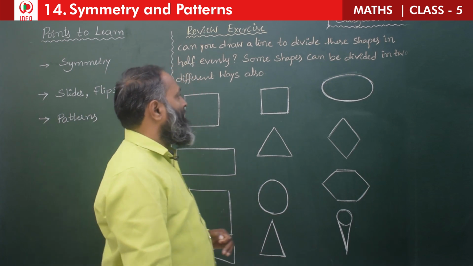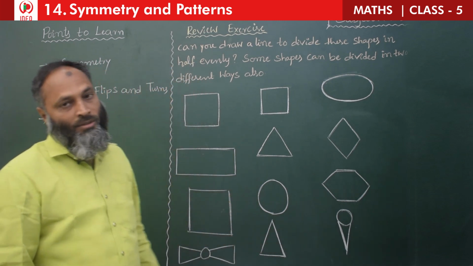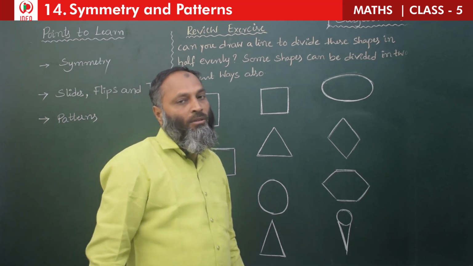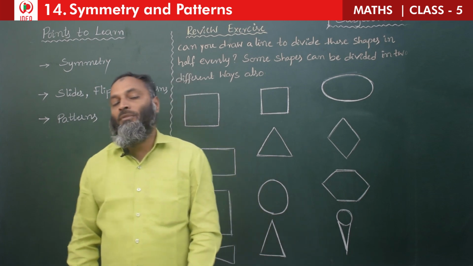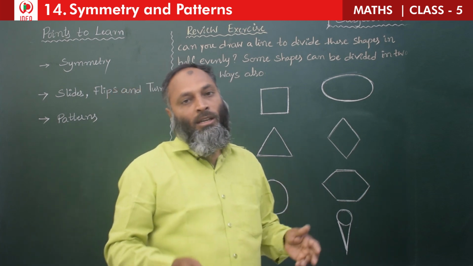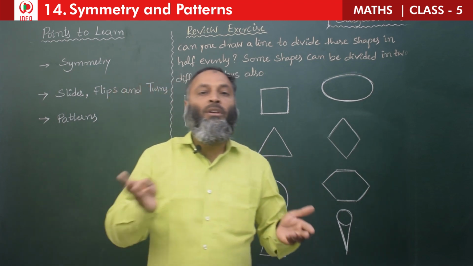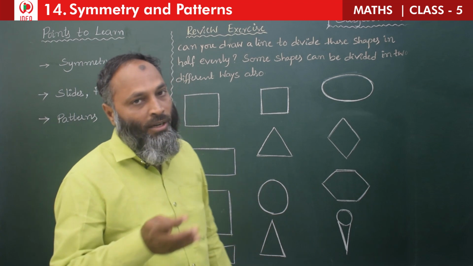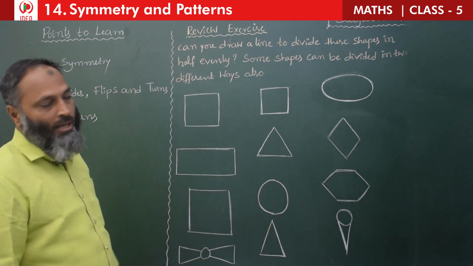In some diagrams there will be two different ways to draw. If any geometrical figure has two different ways to make equal halves, we should draw both. First, the square.